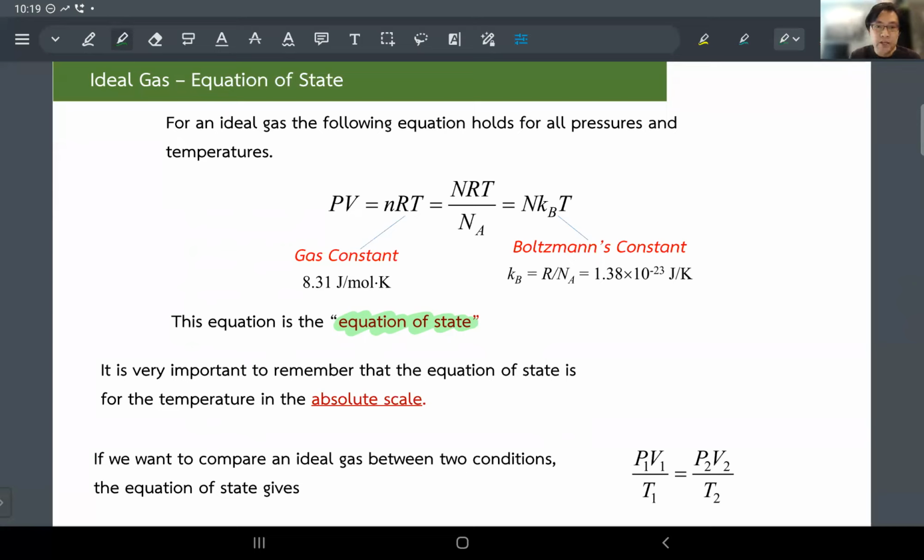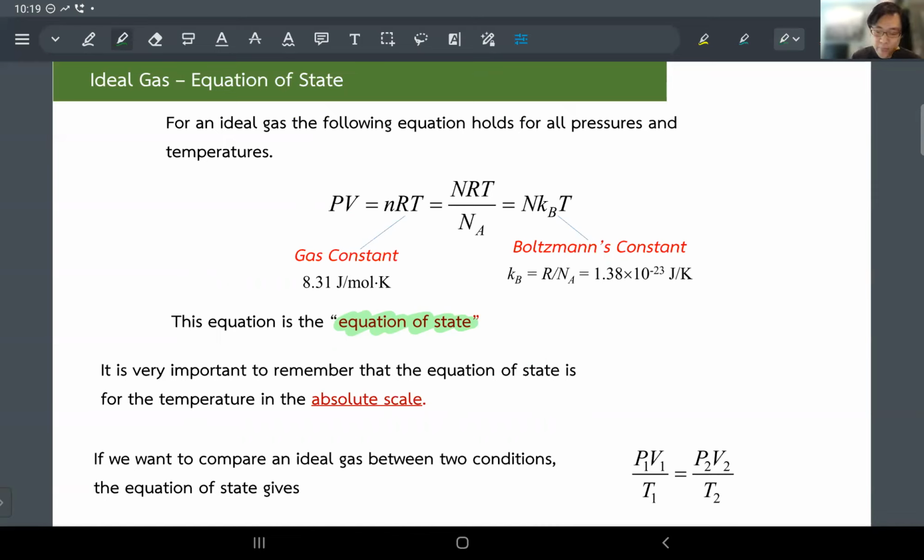It's a specific relationship that is always true for the ideal gas. It's not better or worse, but it's more restricted than the equation we used for the expansion from the last topic.